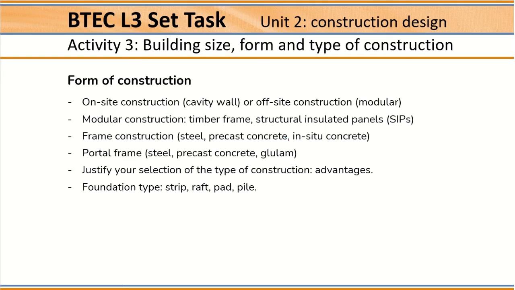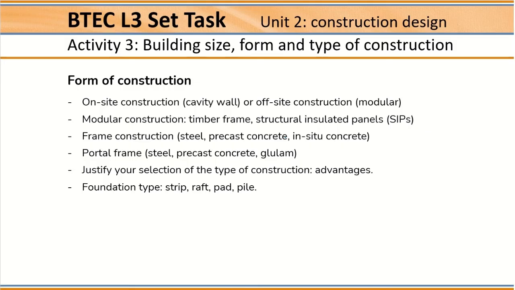Form of construction. You will need to decide which form of construction you are going to use for this building. On-site construction or off-site construction, which is usually quicker and with a higher quality. Some examples of modular construction are timber frame or structural insulated panels.